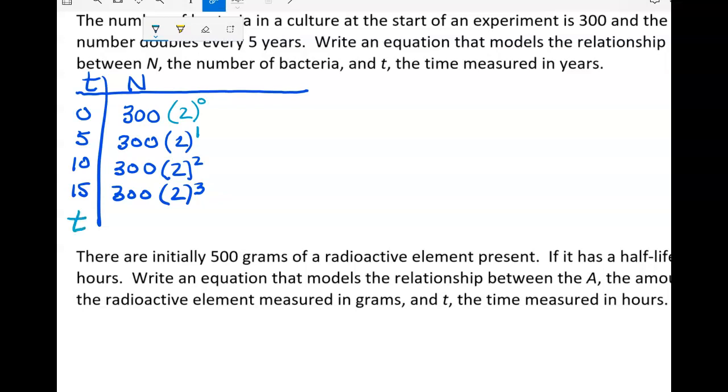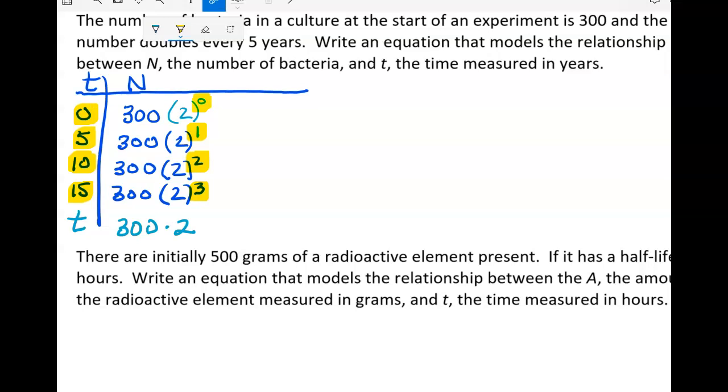So if t is a variable, then the number of bacteria is 300 times 2 raised to the, and this one's just a little bit more complicated. When t is 15, the exponent is 3. When t is 10, the exponent is 2. When t is 5, the exponent is 1. And when t is 0, the exponent is 0.